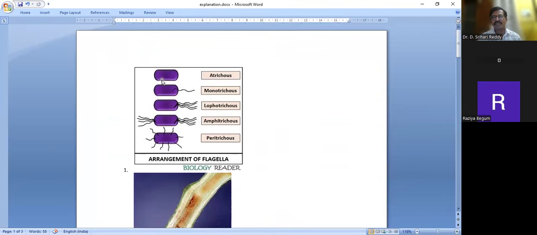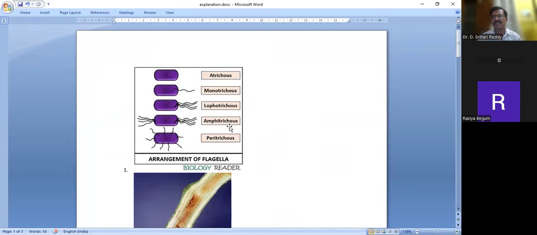One is the bacteria without flagellum, that is called atrichous. I think you are able to see. Just for your reference, for the first question, I'm giving this information because they may ask different questions.